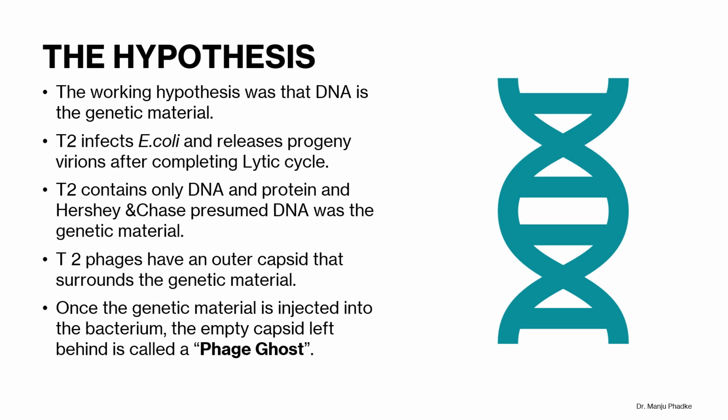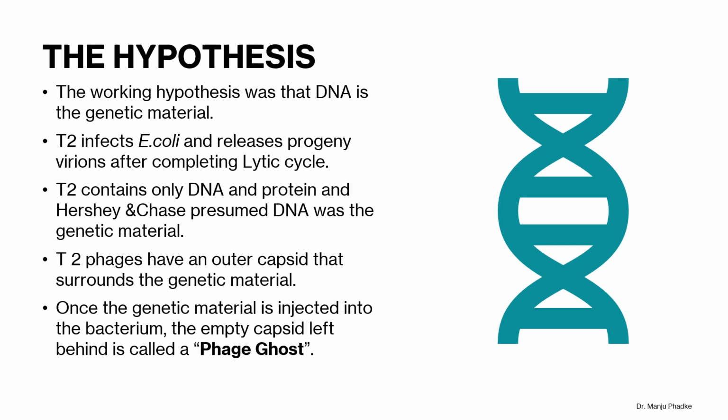Hershey and Chase knew that the phage T2 contains only DNA and protein. The natural host for the phage T2 is E. coli, and this releases progeny virions after completing the lytic cycle. The structure of this icosahedral phage T2 is very simple.